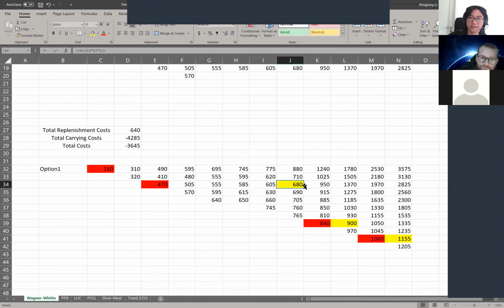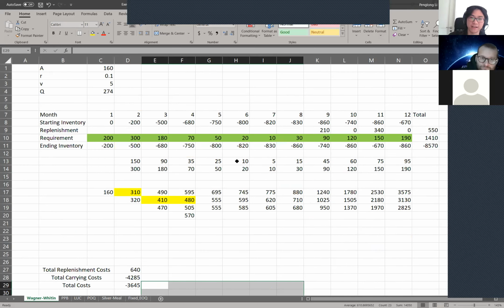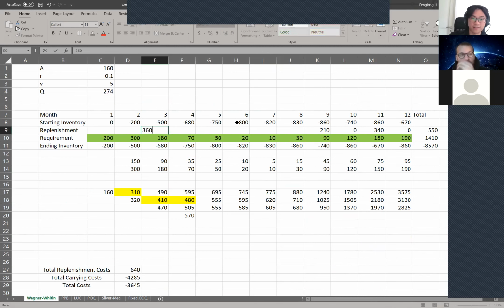We find the smallest number here is this. And then we try to reach. And then we get this whole span of 6 months, because this is the point where we cannot reach any further. And that means we're supplying the demand for this whole 6 months. And that is 360.